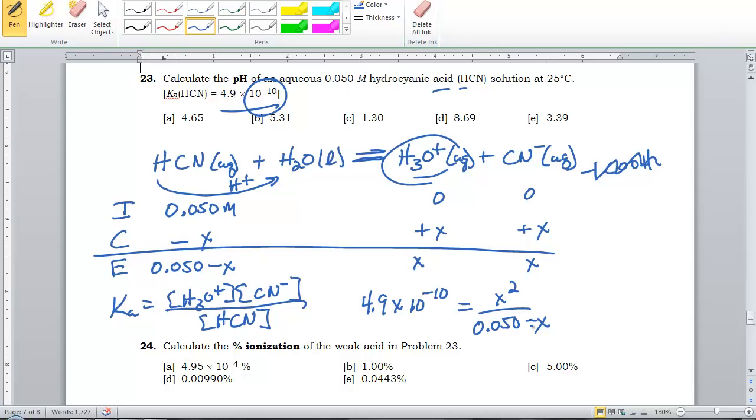Now, very, very important assumption, and I can guarantee you will see this on the exam. 100% guarantee. Small Ka, this reaction lies very far to the left, very far toward reactants. So very little reactant goes to product.